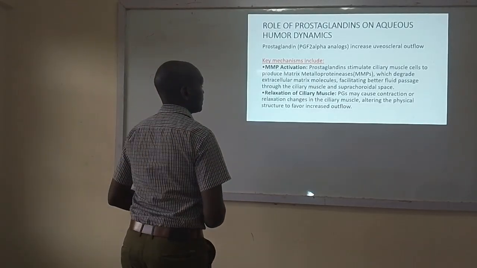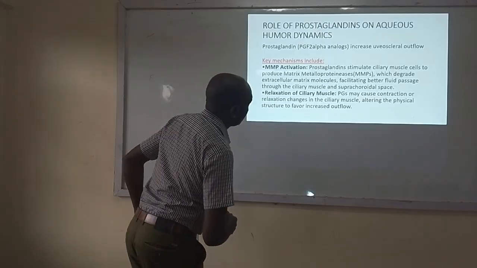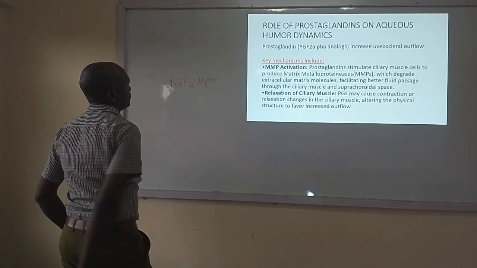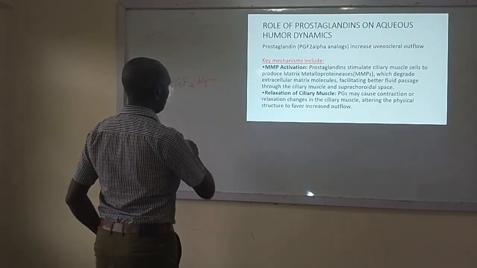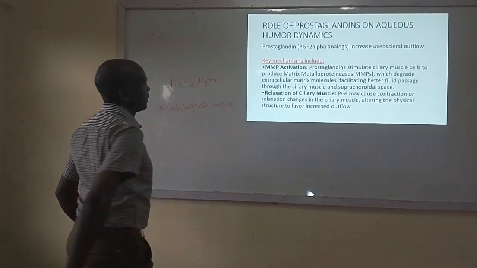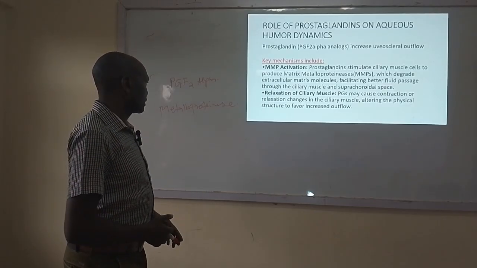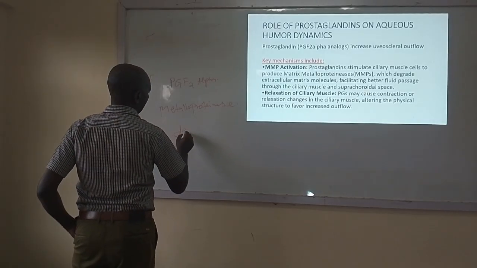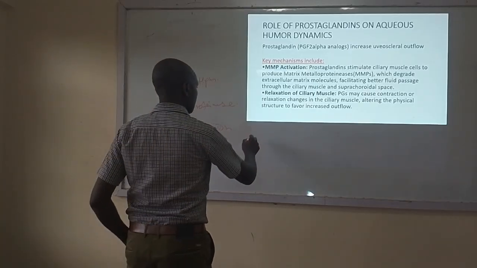How about the prostaglandins? The role of prostaglandin on aqueous hemodynamics. Prostaglandin F2 alpha increases what we refer to as the uveoscleral outflow, and it works on an enzyme we call metalloproteinase enzyme. When you activate this enzyme, it plays a role in the degradation of the extracellular matrix.